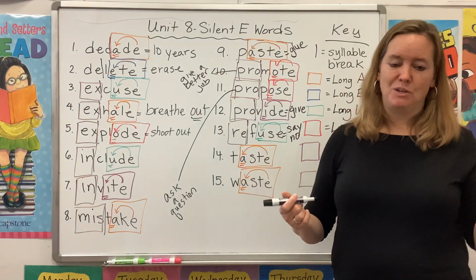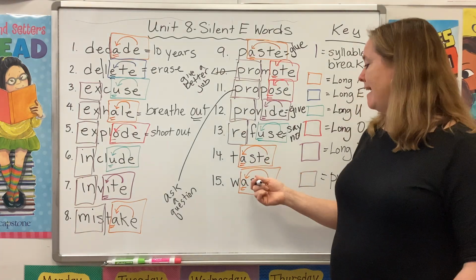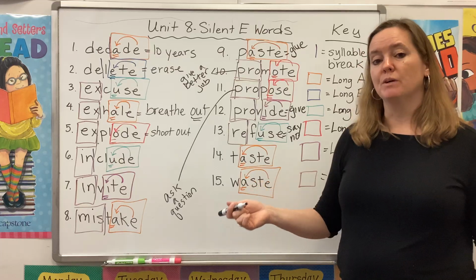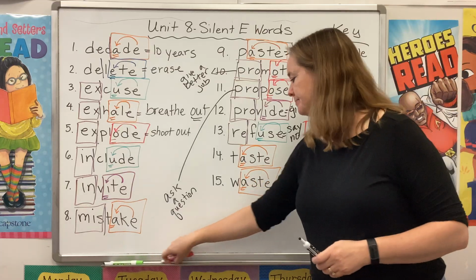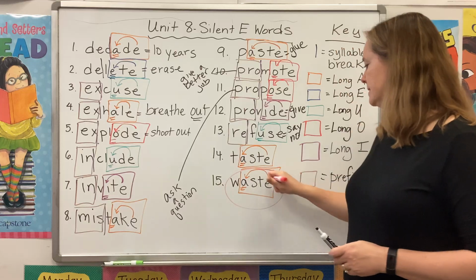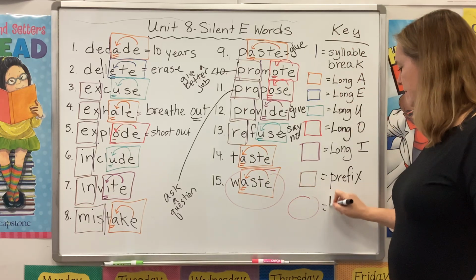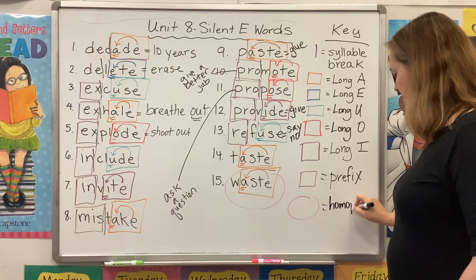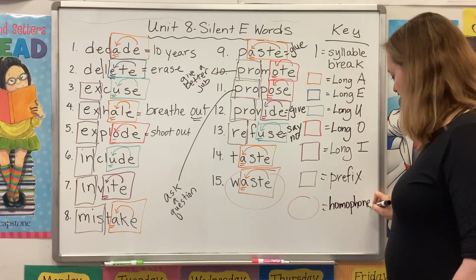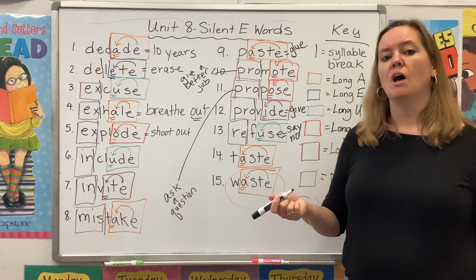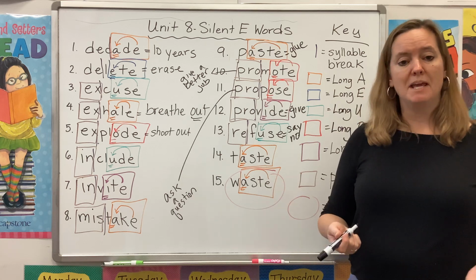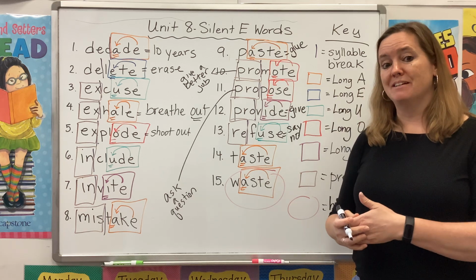Taste, something you do with your tongue, right? And then be careful with this word. This is a homophone. Let's add that here. So remember, homophones are two words that sound the same, but they're spelled differently and they mean different things.